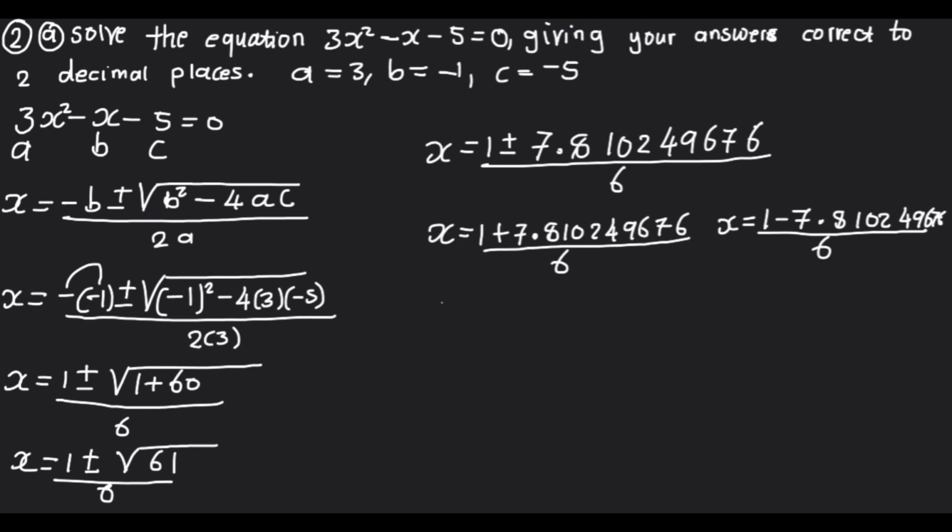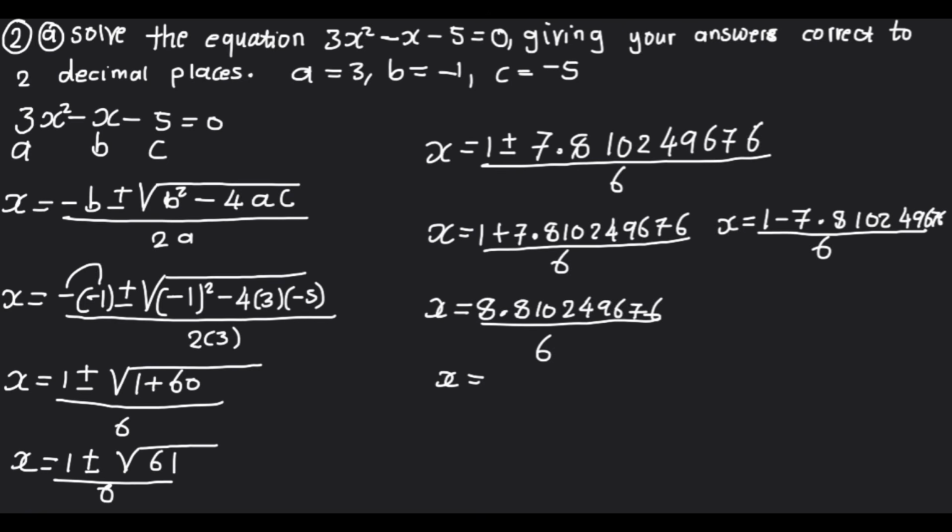Okay, so let's deal with the first part here. So 7.81024967 plus 1, I'm getting 8.81024967 over 6.